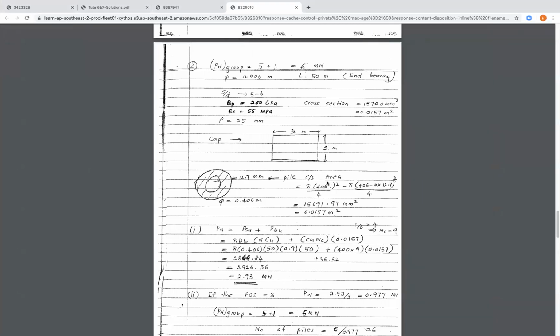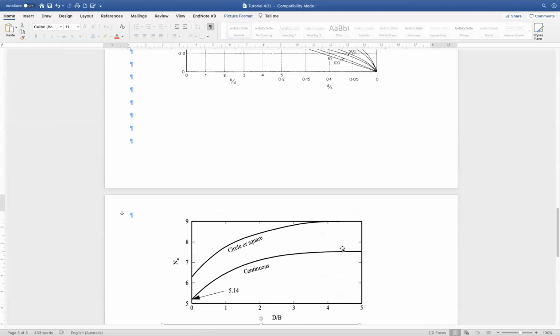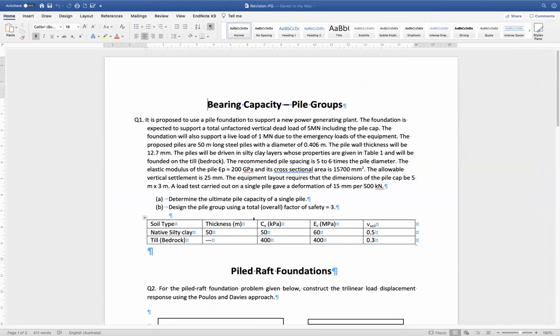Here the length of the pile is 50 meter, and the diameter of the pile is 0.406. If we divide 50 by 0.406, obviously we get a value much larger than 4. So that will give us an NC value equal to 9. If we put everything back into the formula, we use here the Cu value for the bottom soil, because we have two soils here, and we know that the tip of the pile is resting on the bedrock material.